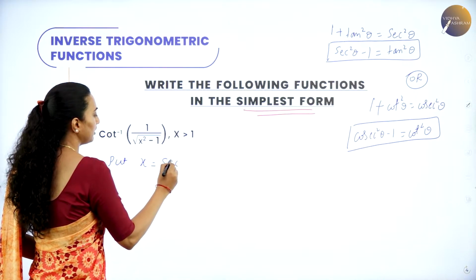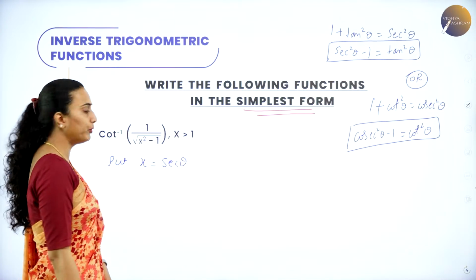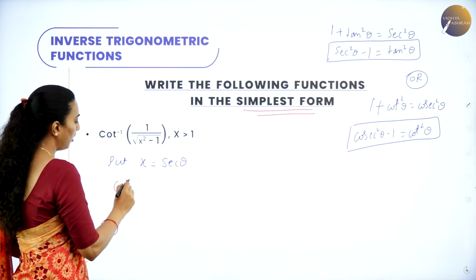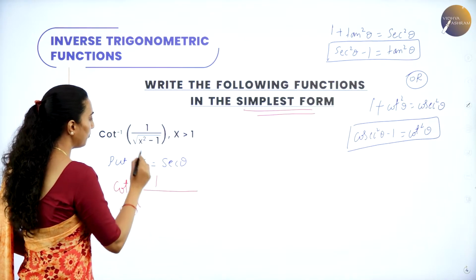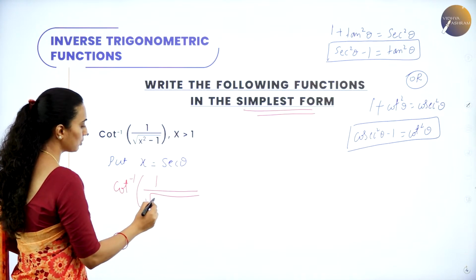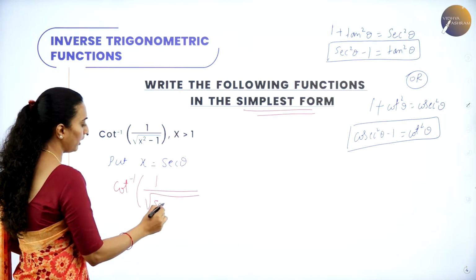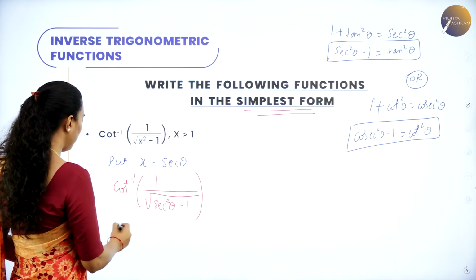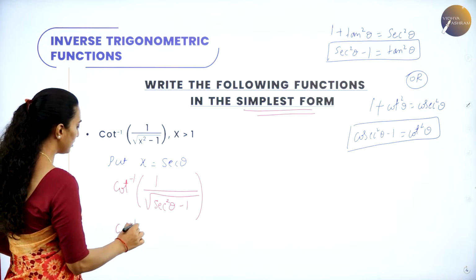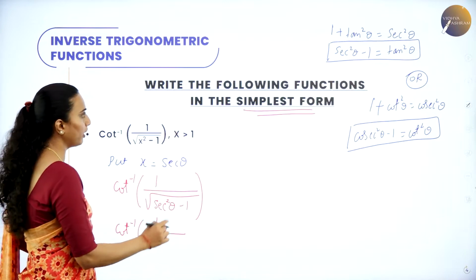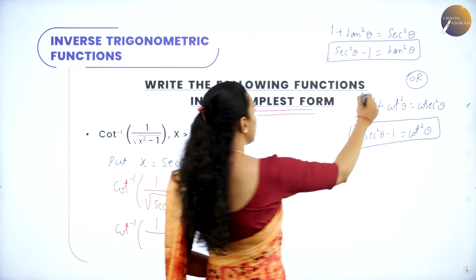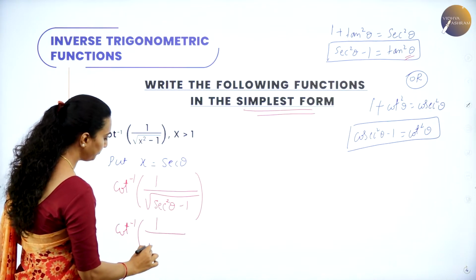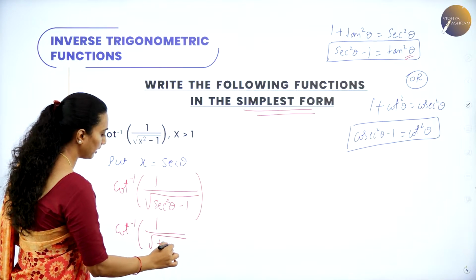So, put x equal to secant theta. By putting x equal to secant theta, what will this become? Cot inverse of 1 divided by square root of x squared, which is secant squared theta, secant squared theta minus 1. Correct na? Which can be written as cot inverse of 1 divided by root of secant squared theta minus 1. What is it? It is tan squared theta. Therefore, I am going to substitute root under tan squared theta.